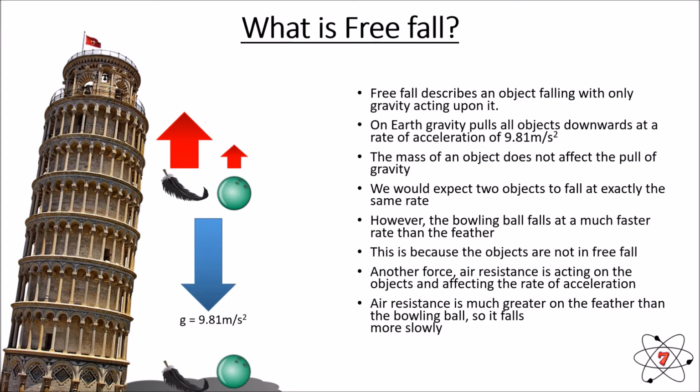And because the feather has a less aerodynamic shape than the bowling ball, air resistance is affecting the feather much more than the bowling ball. So it appears that gravity is affecting the bowling ball more. However, both objects are being pulled down by gravity at exactly the same rate, but because they're not in freefall, they do fall at slightly different rates.